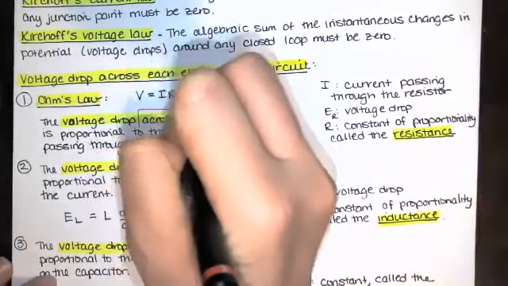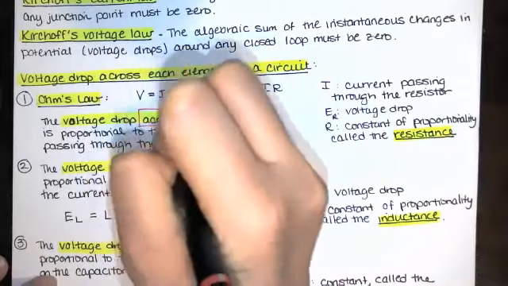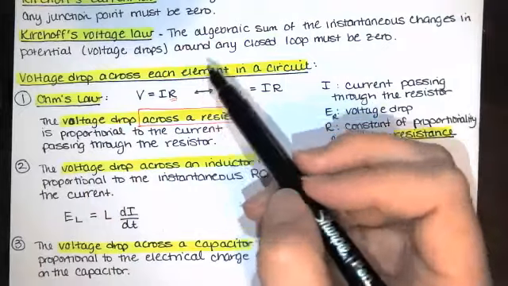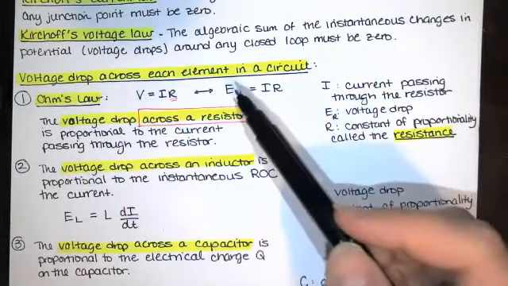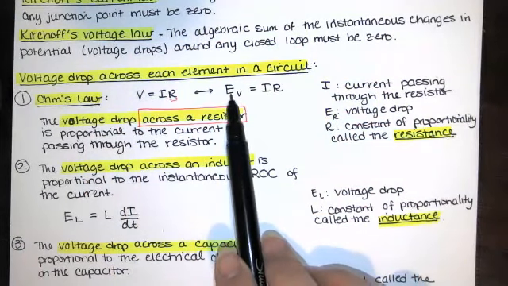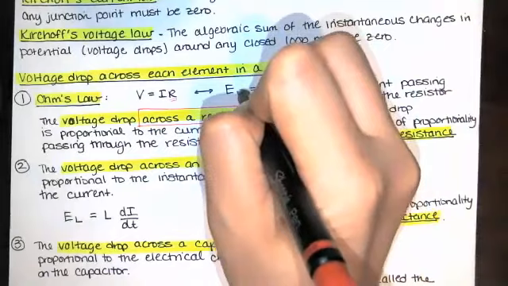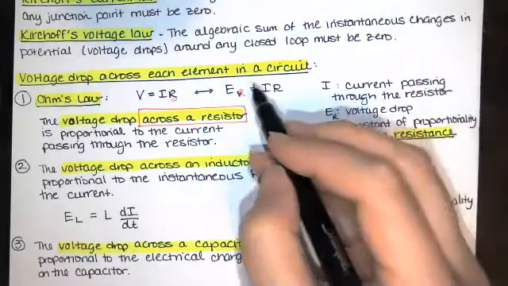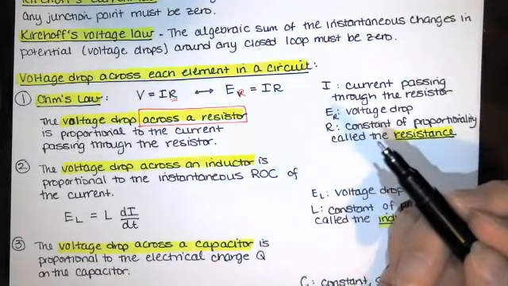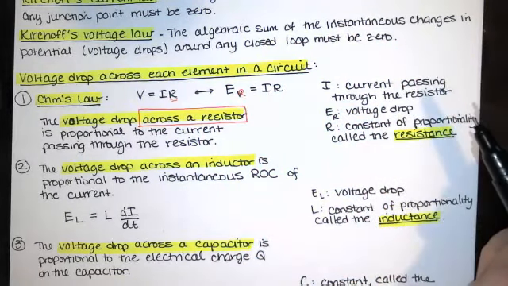So the voltage drop across a resistor is given by V equals IR. Or often, instead of using V, we will use E sub R. This is the voltage drop across a resistor, equal to the current times the resistance of that resistor, and that's a constant of proportionality.